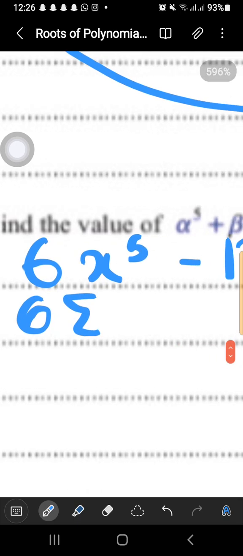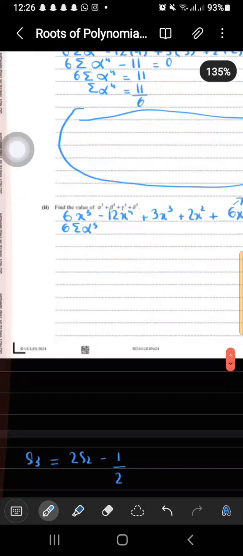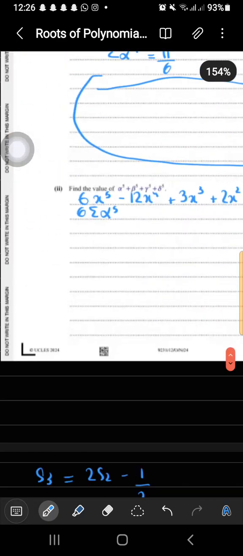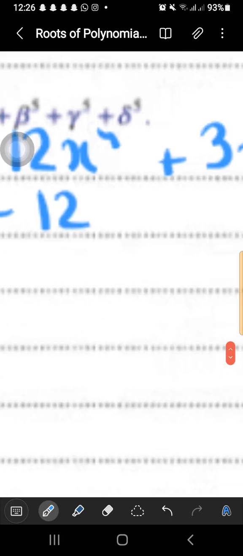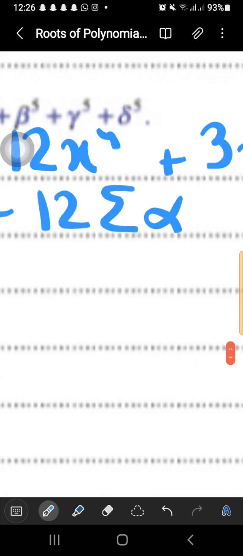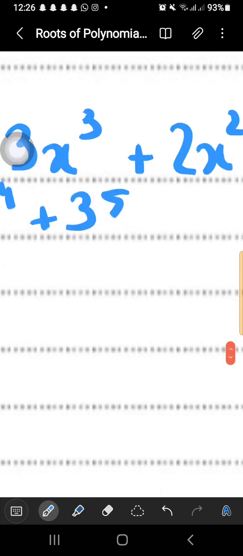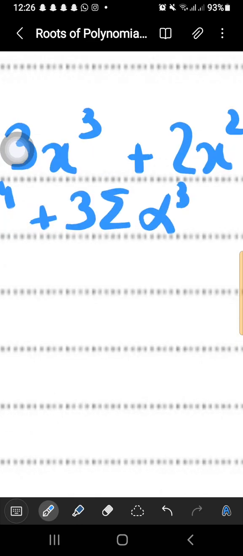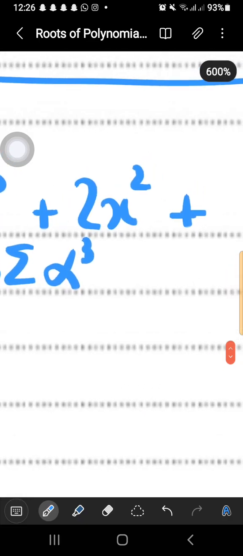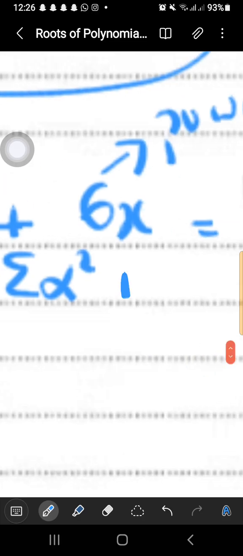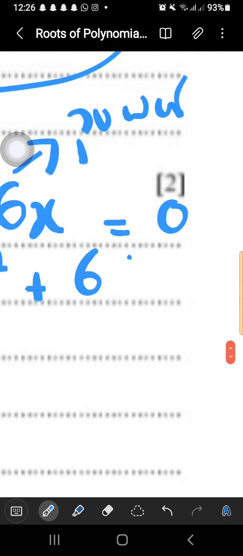6x power 5 will be replaced by summation alpha power 5. Then negative 12x power 4 will be replaced by summation alpha power 4, then plus 3 summation alpha cube replaces x cube, then plus 2 summation alpha square and plus 6 summation alpha.